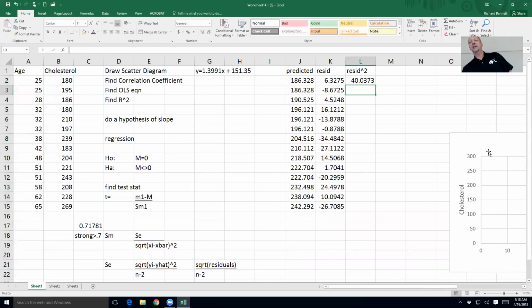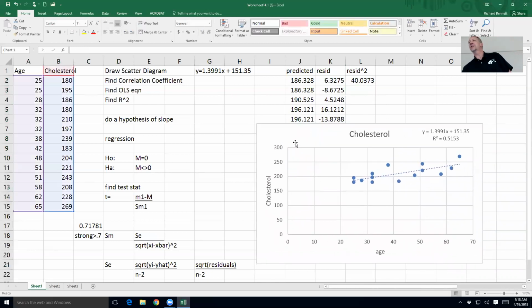By the way, do we understand what a residual actually is? Who can explain to me? How about Austin? So what is the residual based on this scatter plot?